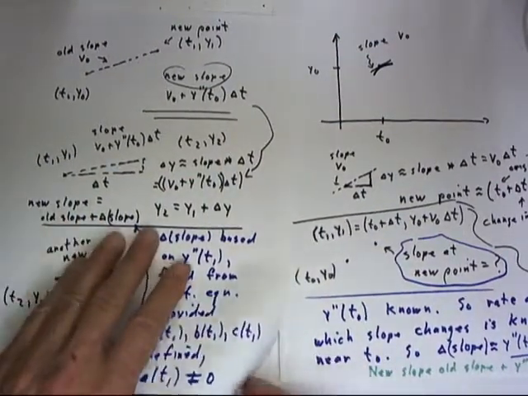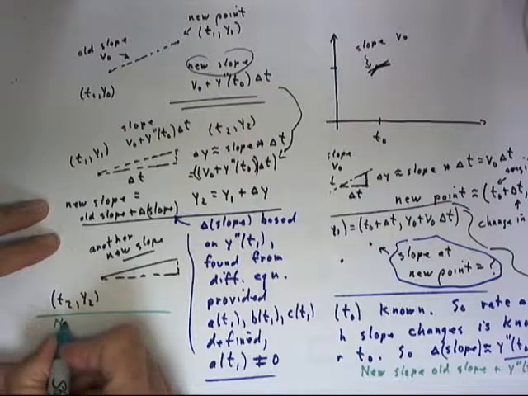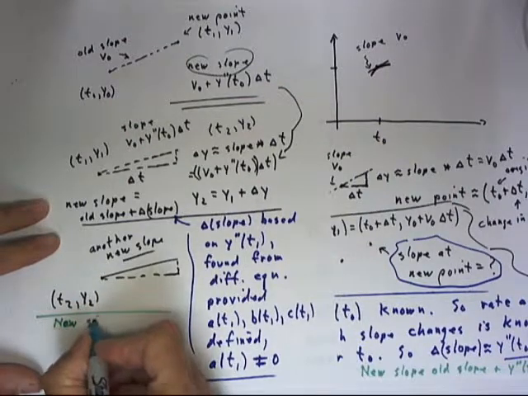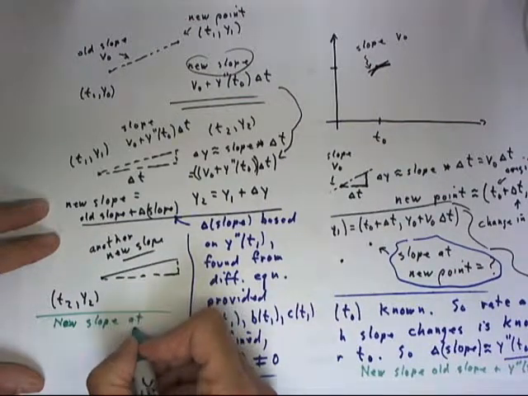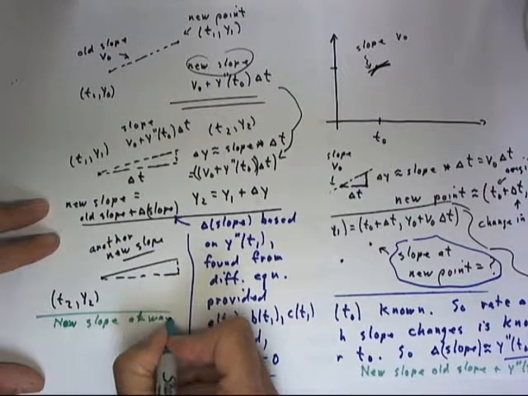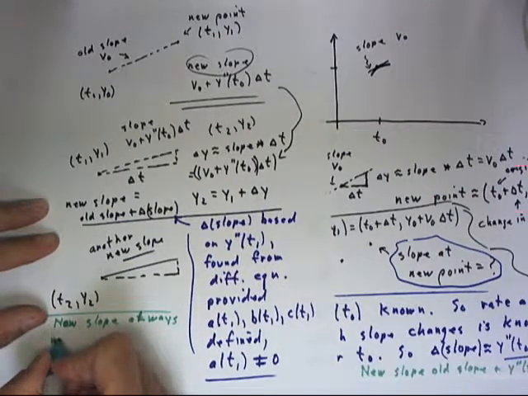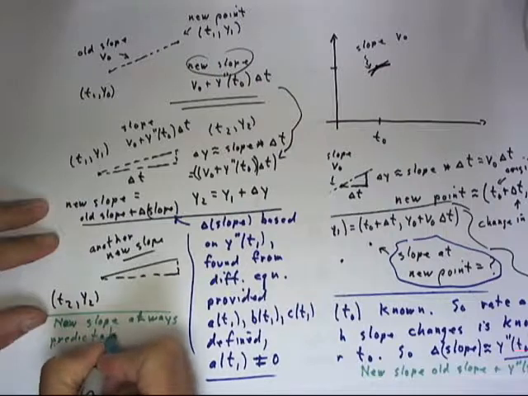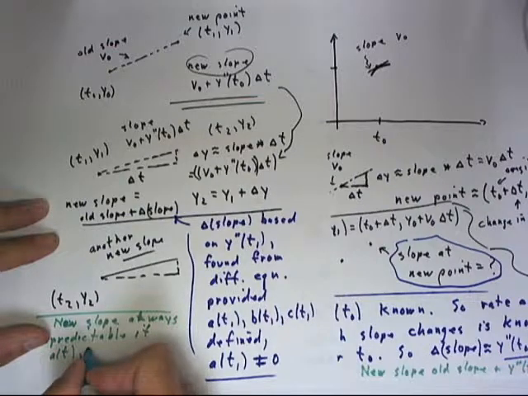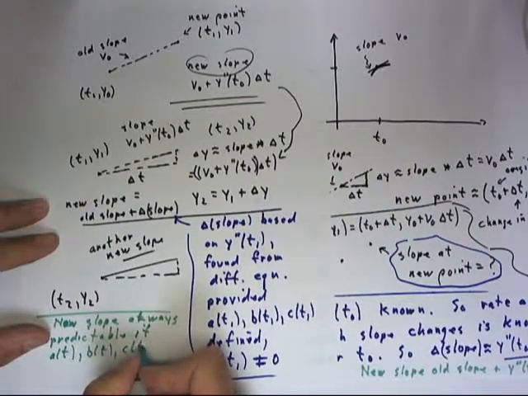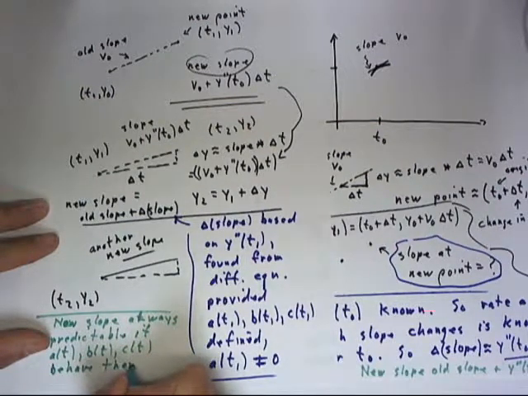And make the statement that our new point is always predictable, our new slope is always, and I'm starting to write things badly, always, bad looking L there, but our new slope is always predictable if our functions a of t, b of t, and c of t behave themselves.